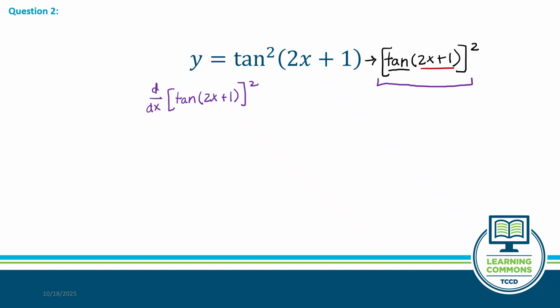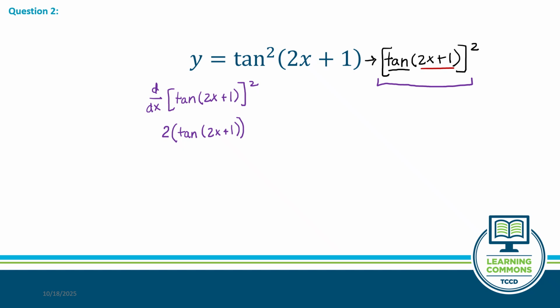The only thing I'm worried about right now is the power rule on the outside, if that makes sense. So all I'm going to do is bring my 2 down and then tangent of 2x plus 1. And that's it. I did that outside power rule. I'm done. Okay? But now I have to worry about the first inside.